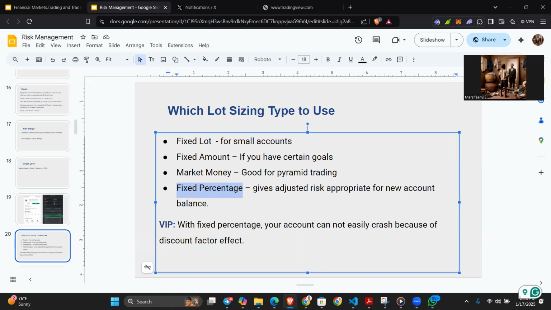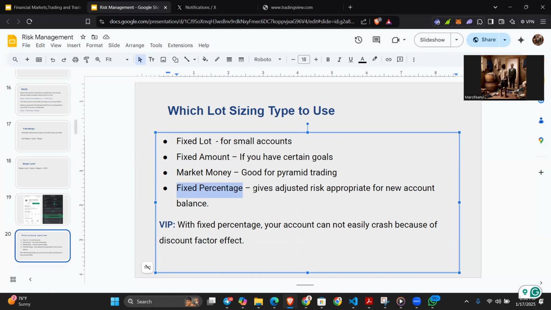You can write this boldly: if you are using fixed percentage, you can never bring an account to zero. You can never crash an account.